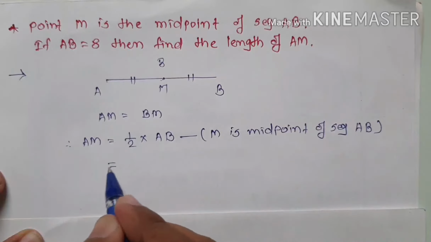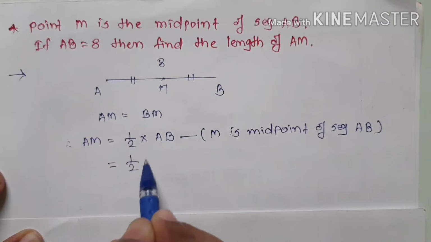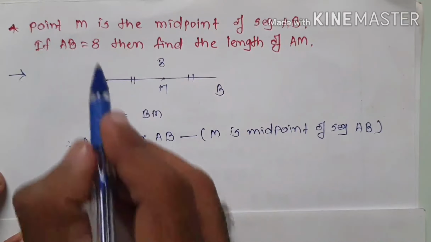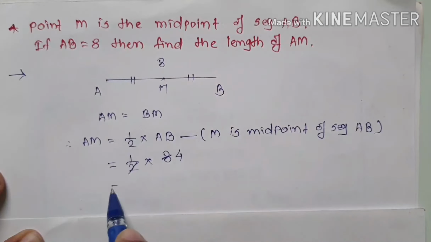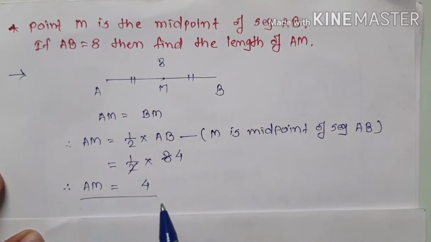If we replace the values here, 1/2 times the length of segment AB, which is given to be 8, if we divide we get 4. So the length of segment AM is 4.